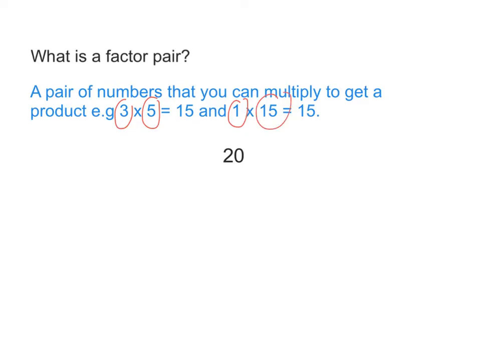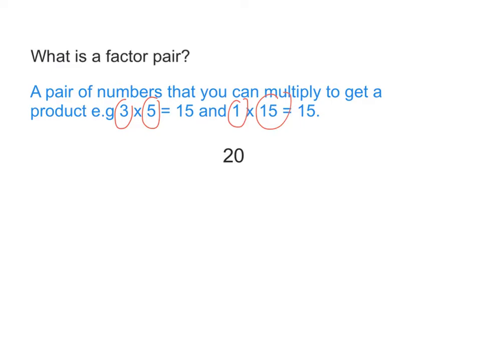You can always get 1 and the product as a factor pair. So for example, a number that doesn't appear in our times tables, such as the number 23, will always have a factor pair. Every number has a factor pair. For example, 1 and 23 will be the factor pair of 23.